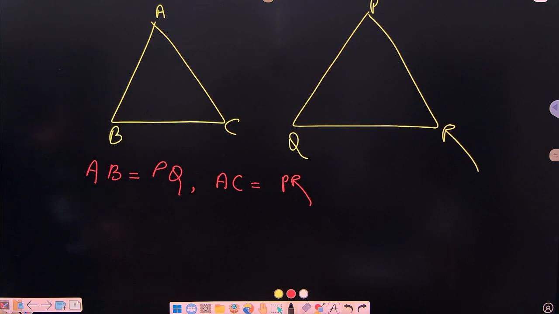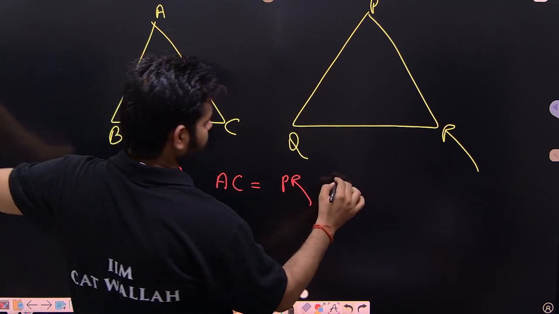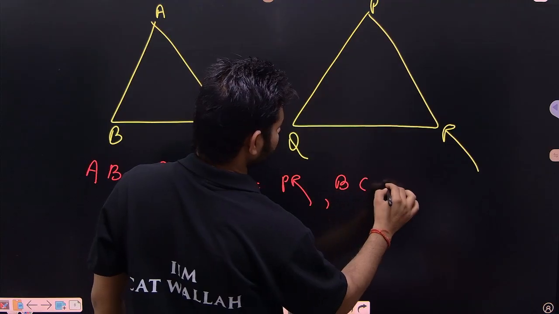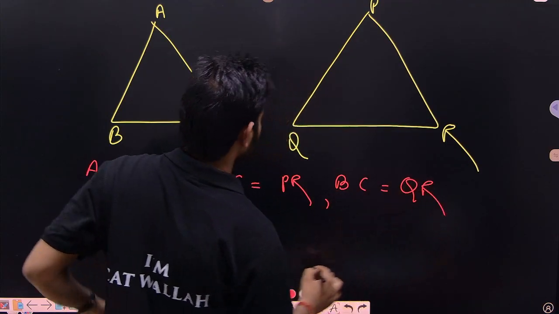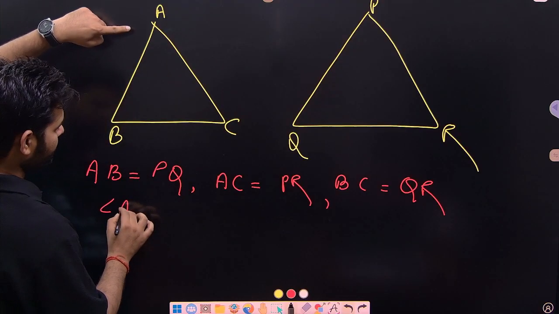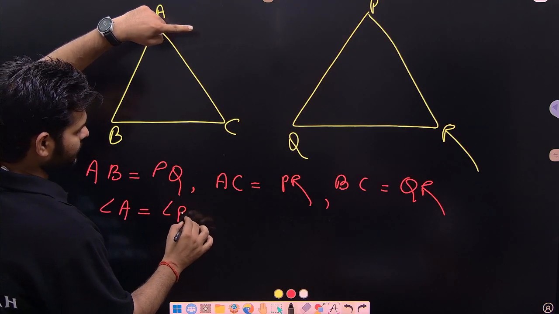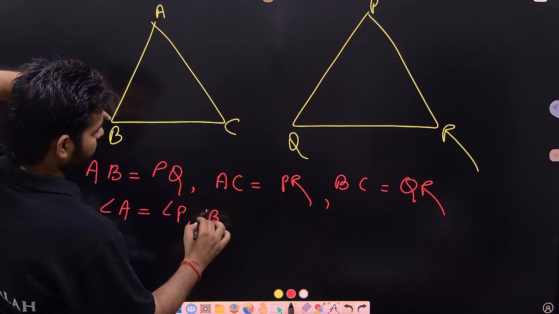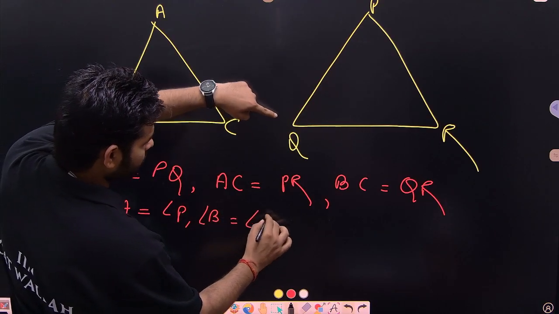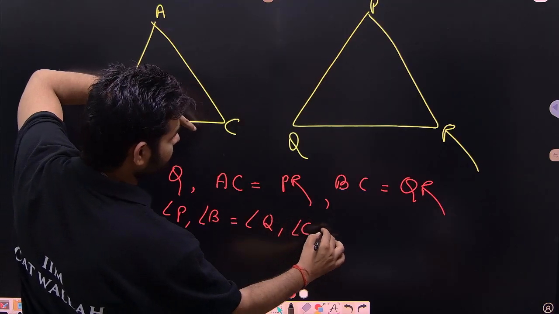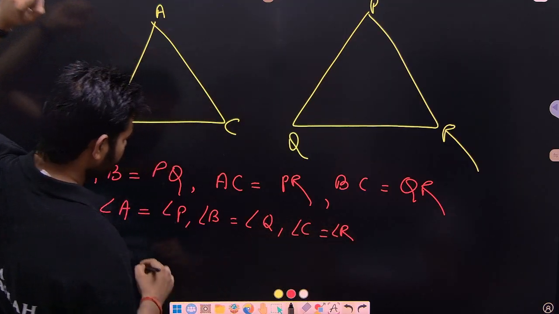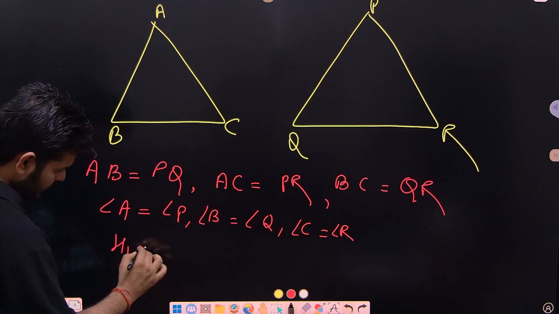Earlier we have discussed the property. Over here we are discussing the basic mandatory conditions. BC must be equal to QR, angle A would be equal to P, angle B equal to Q, and angle C must be equal to angle R, and H1 equal to H2.